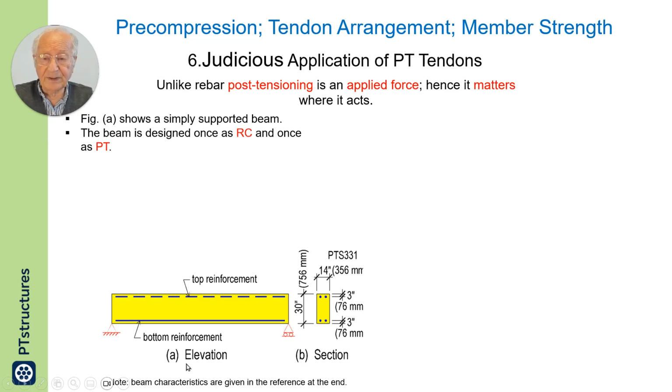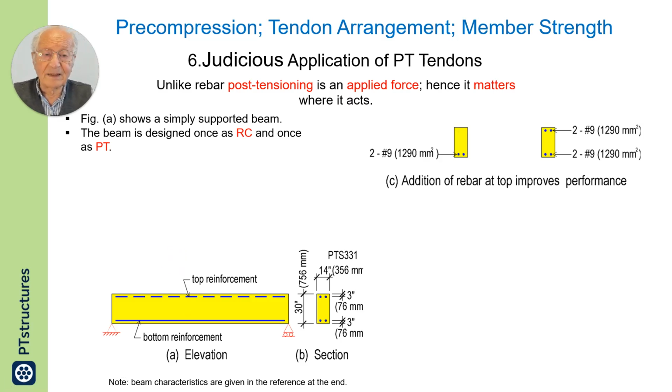Figure A shows a simply supported beam. The beam is designed once as RC and once as PT. I designed it once as conventionally reinforced concrete, and once as PT.